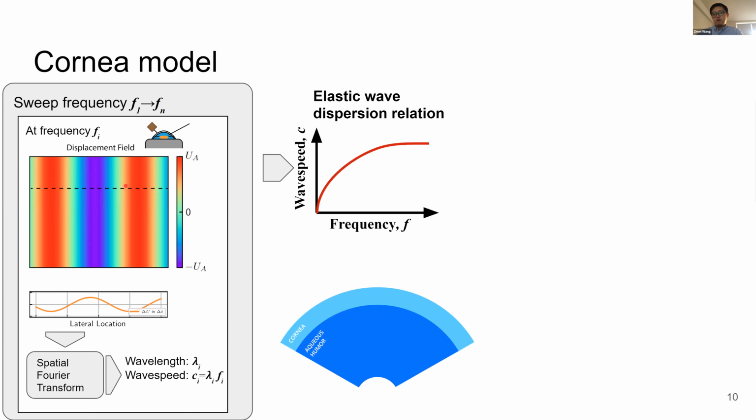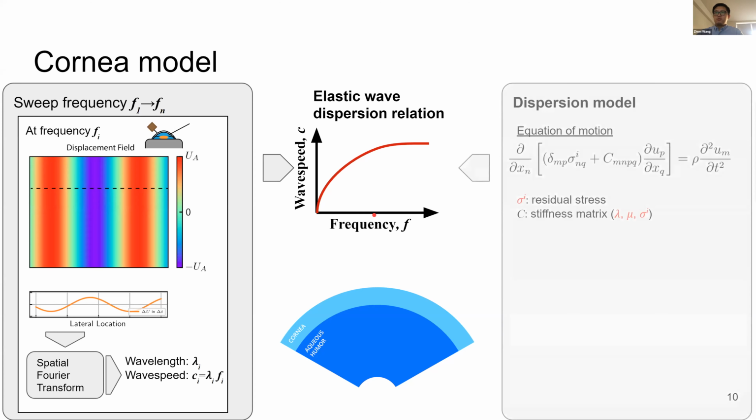We run the displacement field through the Fourier transform process and are able to get the spatial wavelength and wave speed at this frequency. By sweeping the frequency in a certain range, we can obtain a dispersive relationship between the wave speed and the frequency that describes the dynamic behavior of the cornea in this frequency range.